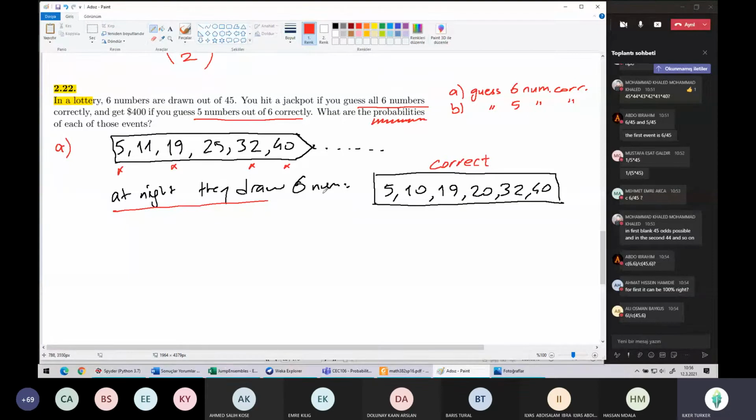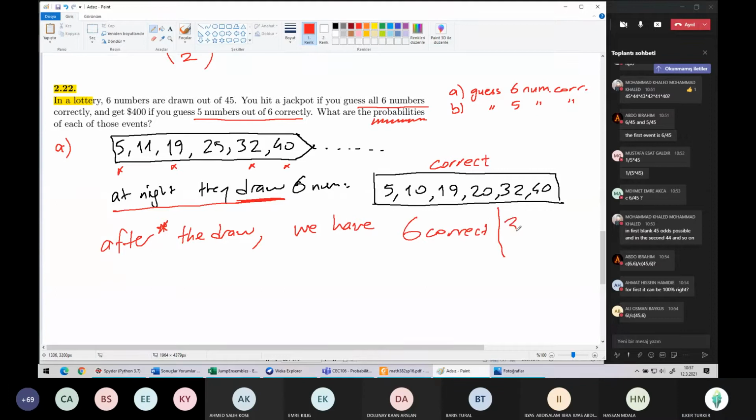What is the probability? After the night, after the draw, and after is important here. After the draw, we have 6 correct and 39 non-correct numbers.